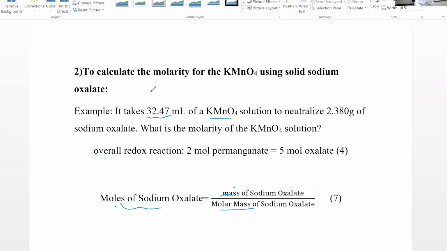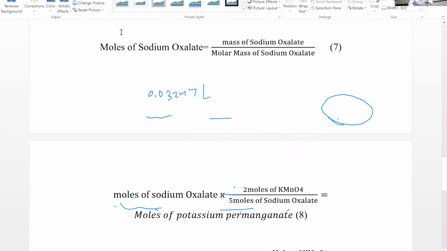You convert this to liters, it's going to be 0.03247 liter. To find the moles of permanganate, you need to start with the mass of oxalate and divide by the molar mass of oxalate. This gives you the moles of oxalate, but then you multiply by 2 moles permanganate, divided by 5 moles of oxalate. That is going to give you moles of permanganate.